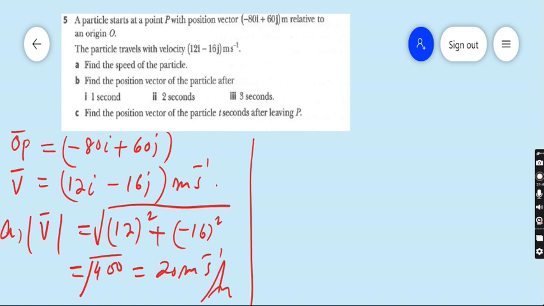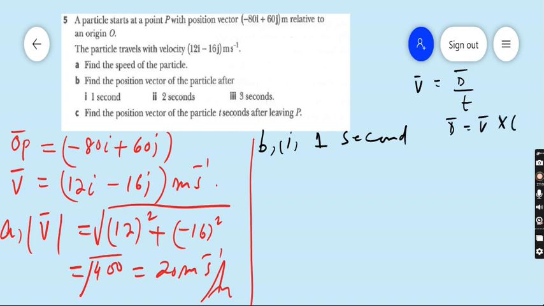Now part B: find the position vector of the particle after 1 second. We know the formula of velocity is displacement upon time. So displacement is equal to velocity into time.